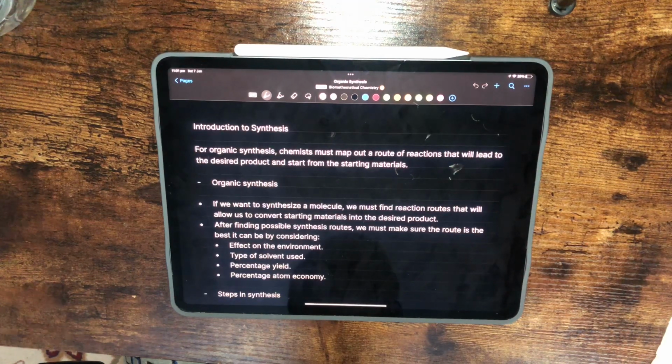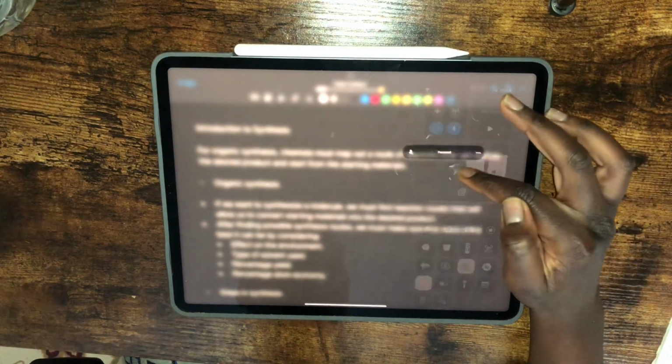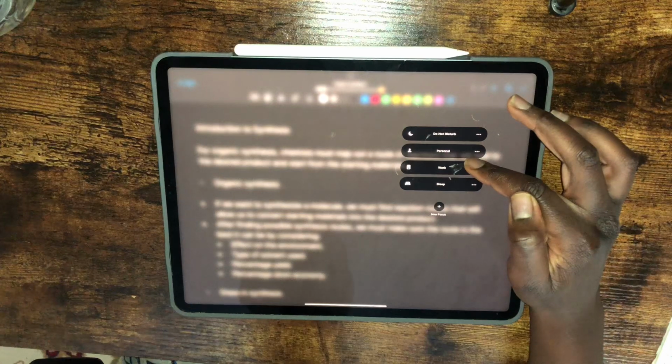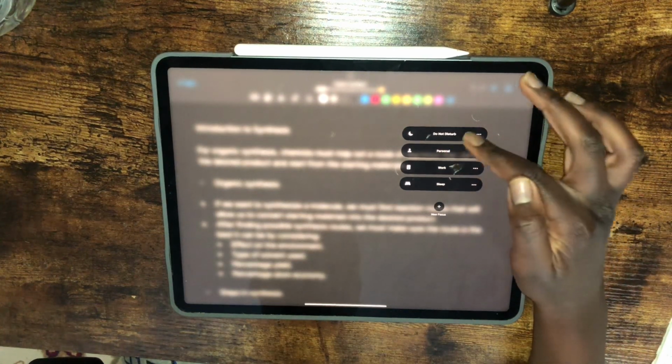For example, you might get a 5-mark question where they want you to explain a practical, how to minimize risk, how to make the reaction more efficient, how to reduce waste products. And really when it's asking you that, it's just asking you about how to make the synthesis of the reaction more efficient, right?